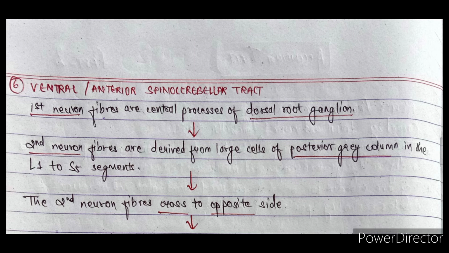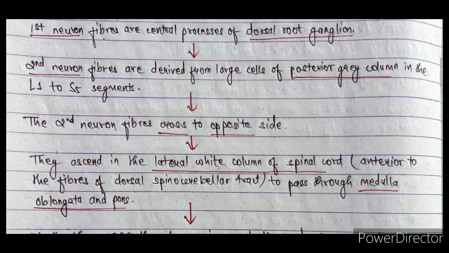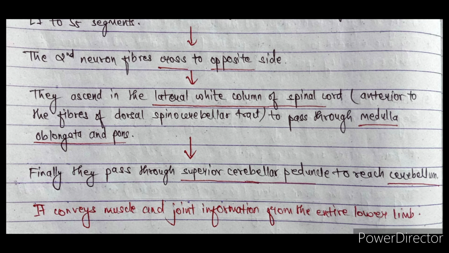The second order neuron fibers cross to the opposite side and ascend in the lateral white column of spinal cord, which is anterior to the fibers of dorsal spinocerebellar tract, to pass through medulla oblongata and pons. And finally, they pass through the superior cerebellar peduncle to reach the cerebellum.